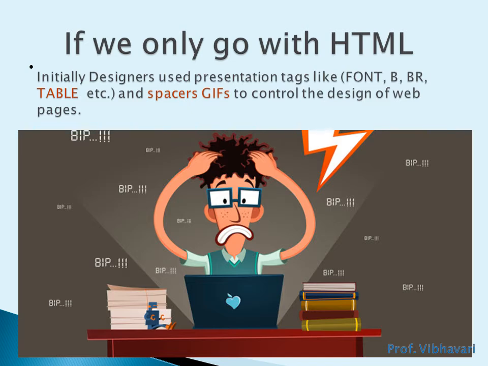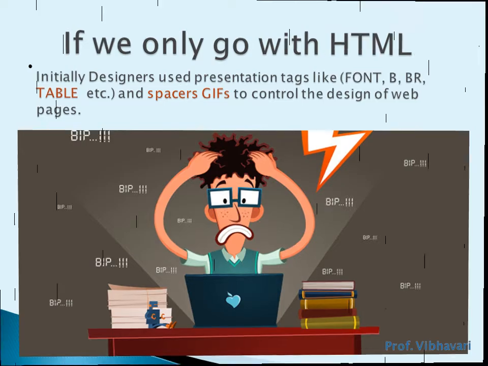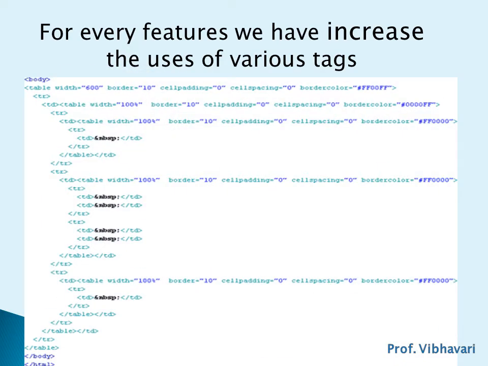If we are going to add tags for each and every feature over the text, images, and alignment, and if we require changes made in one tag, it may be reflected in others too sometimes.